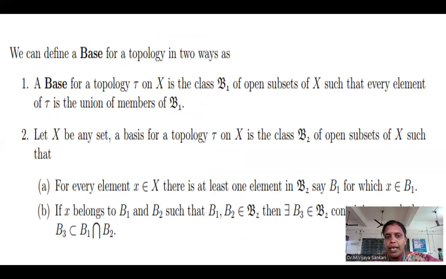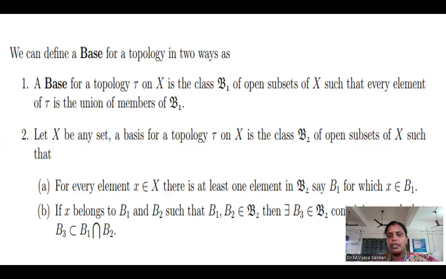First one: a base for a topology tau on X is the class B1 of open subsets of X such that every element of tau is the union of members of B1.